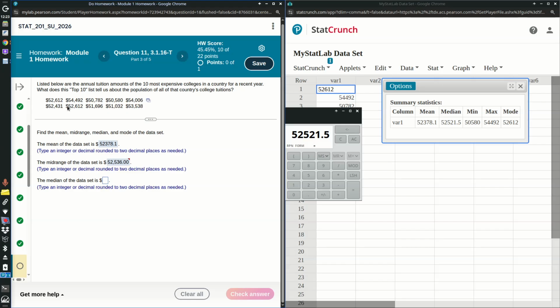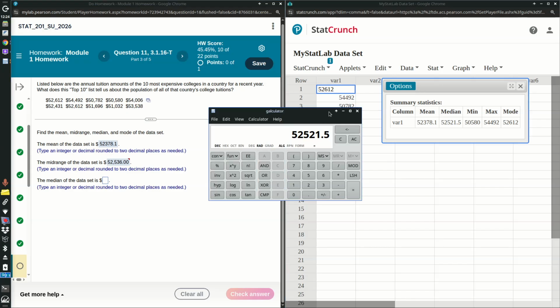This one and then this one. Are they rounding and then doing it or something? I'm not exactly sure. Oh, they were asking for the mid-range. Oh. Fiddlesticks. So it was in the wrong order.